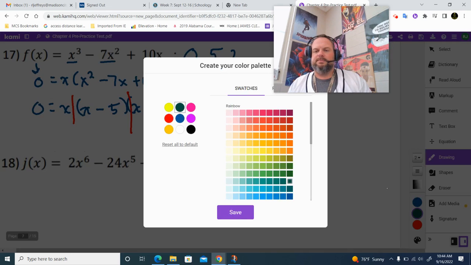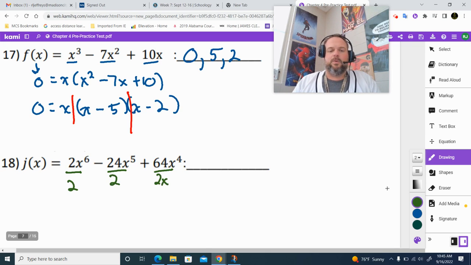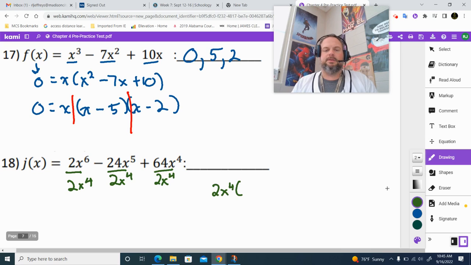If we do this one, well, I would factor out a 2 from everything, and then an x to the fourth. So 2x to the fourth, all this equals 0.